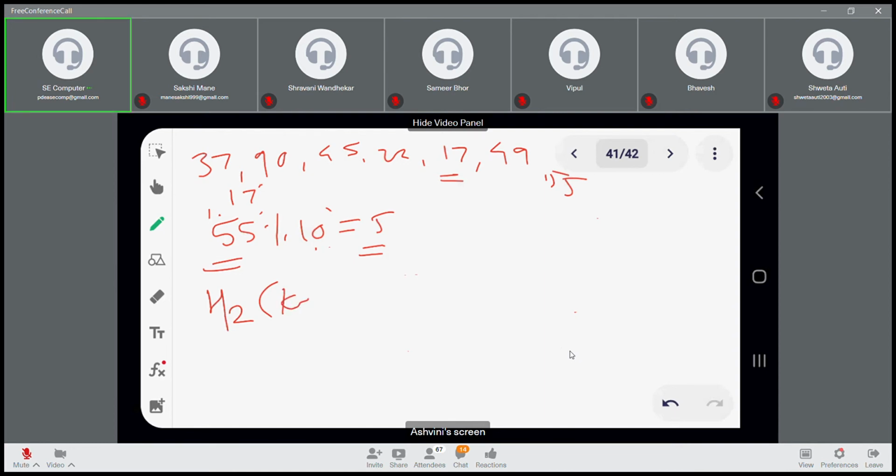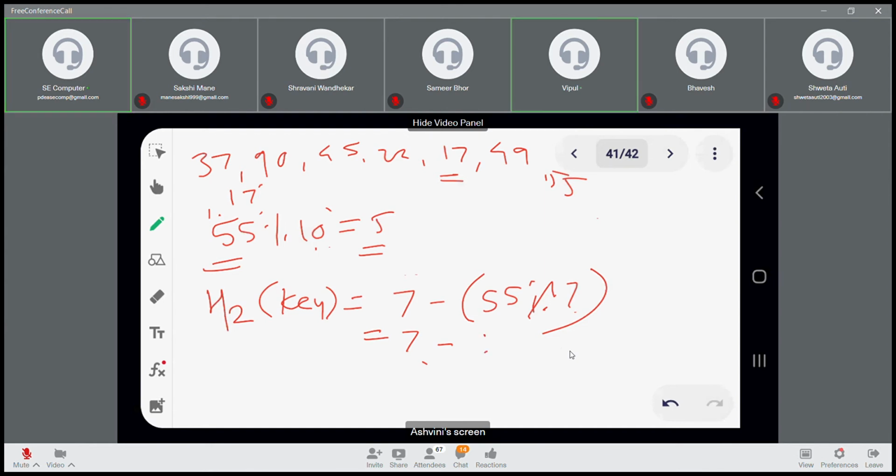H2 key is equal to M, M is 7, minus 55 mod 7. Is this correct? Yes, ma'am. So 55 mod 7 is 6.